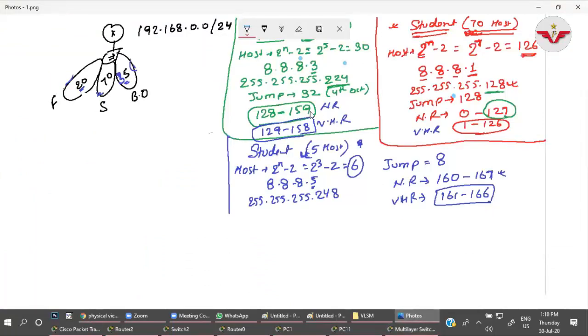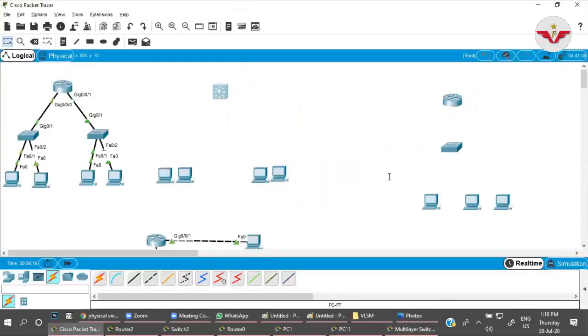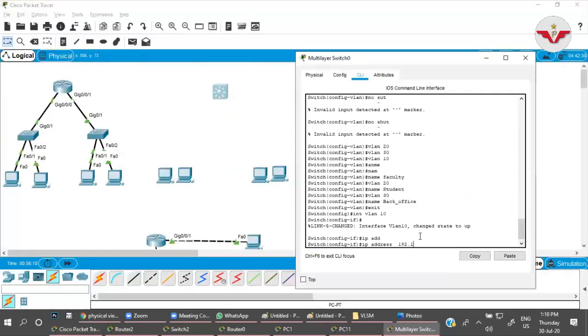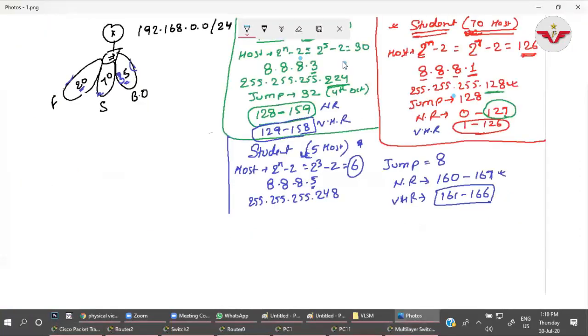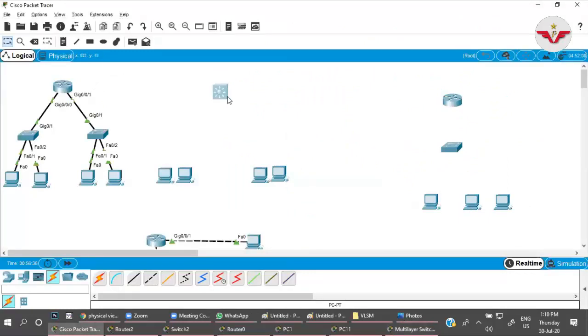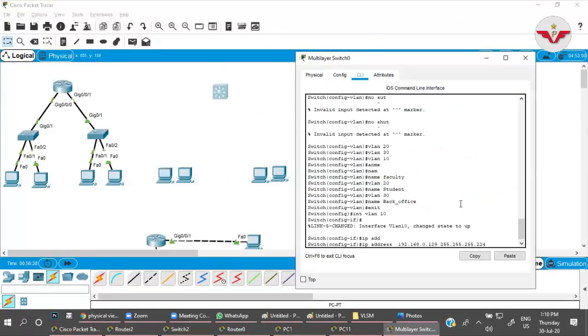So I will give 129 IP to the router or the switch. So 192.168.0.129, 255.255.255.224. The subnet mask which you need to use is 224, right? For the faculty network. So I have given that.